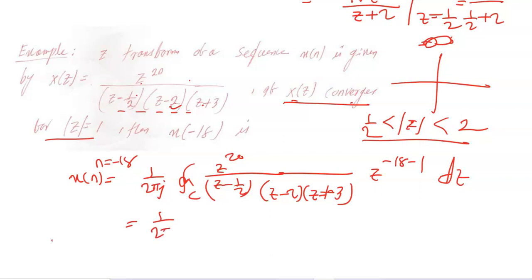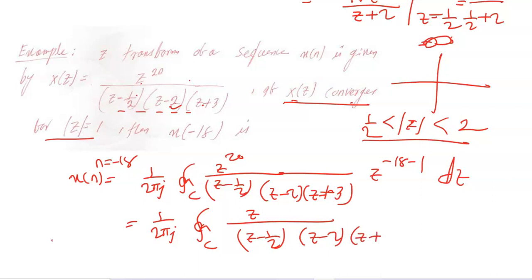So 1 upon 2 pi j contour, z to the power minus 19 and 20 changes, that is z minus half, z minus 2, z plus 3.